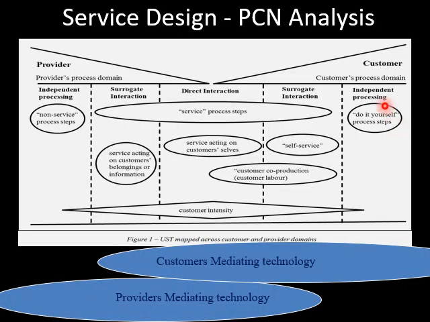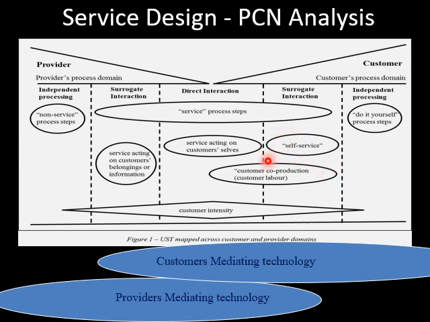And again, you can see here that here's the same diagram, but you've got the customer domain here and you've got the provider domain here. And these are service process steps. So when we said what is a process, they occur across here. So there is either surrogate interaction in the process or direct interaction. And this space where the customer does surrogate interaction is self-service.